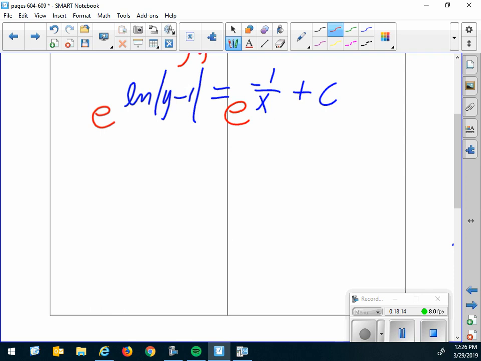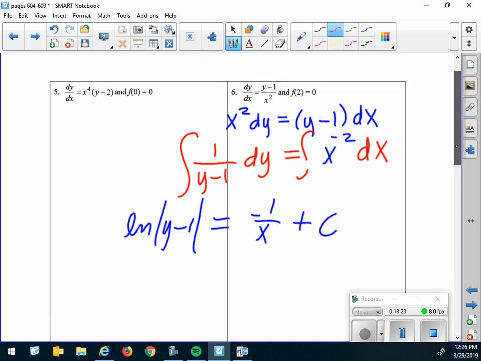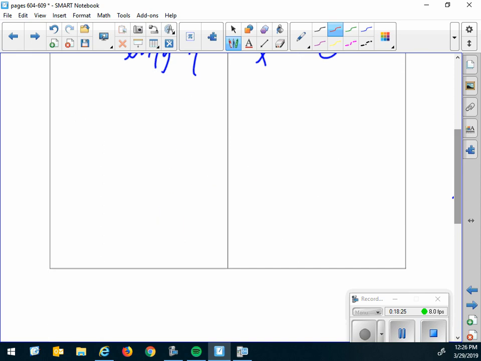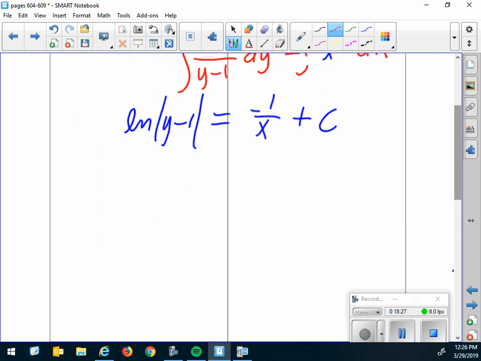Oh, wait, I forgot, I've got to do an initial condition first. F of 2 equals 0. Natural log of, let y equals 0.